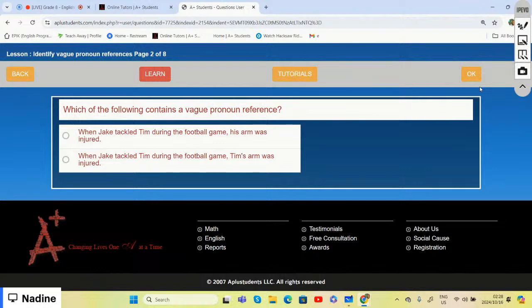All right. It says, which of the following contains a vague pronoun reference? When Jake tackled Tim during the football game, his arm was injured. Or, when Jake tackled him during the football game, Tim's arm was injured?